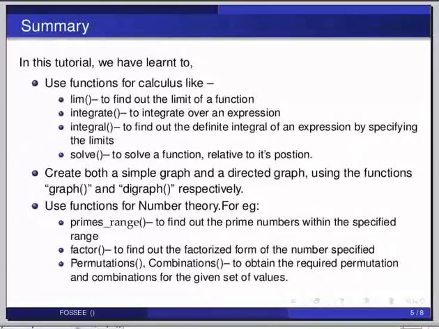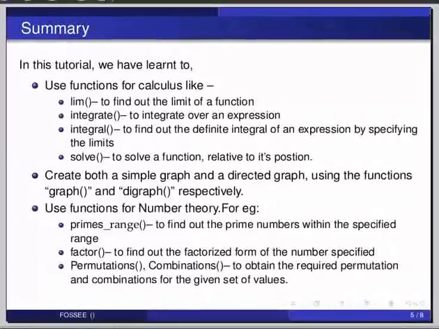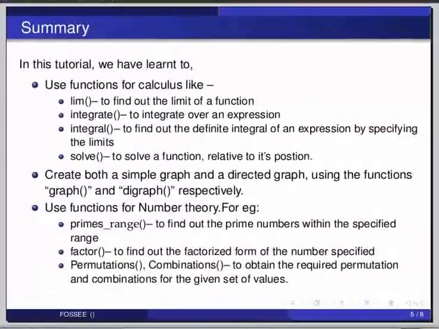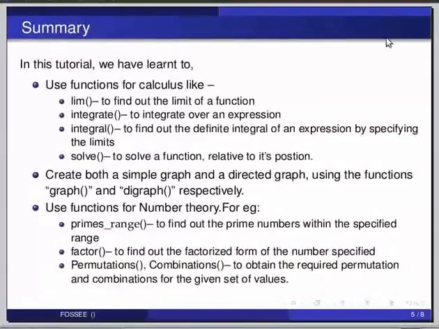Then we used functions for number theory, for example the prime_range function to find the prime numbers within the specified range, the factor function to find the factorized form of the specified number, and the permutations and combinations functions to obtain the required permutations and combinations for the given set of values.